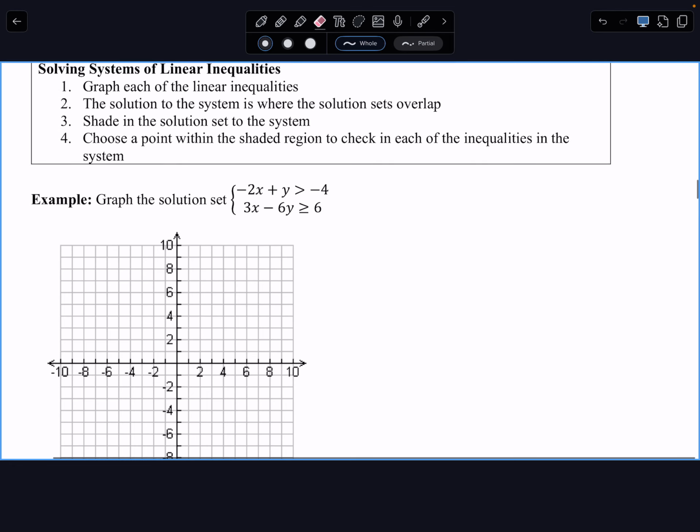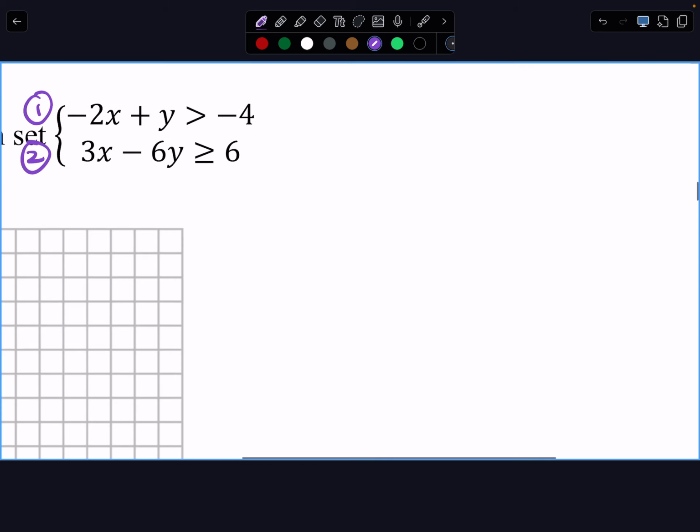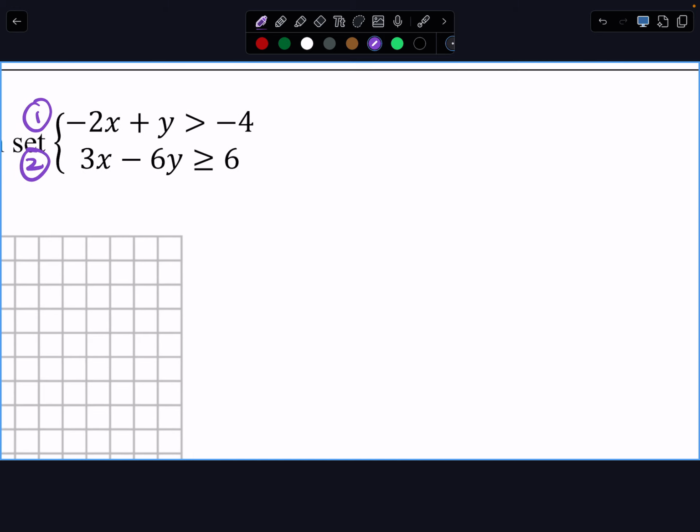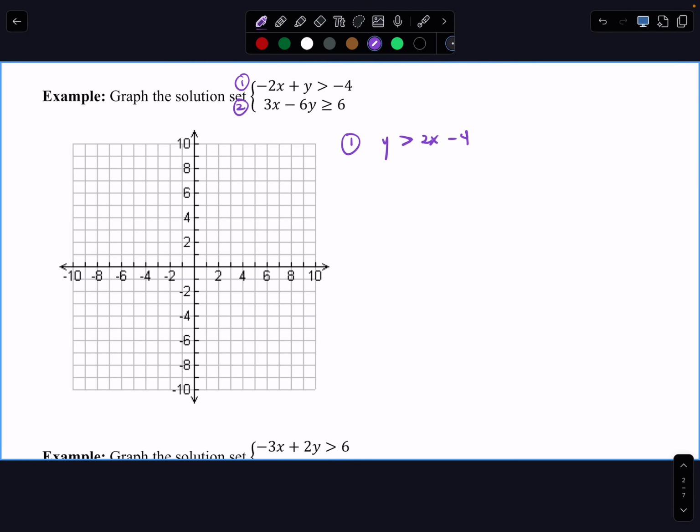So if we think of numbering each of these inequalities, if I take the first one and rewrite it so that the boundary line is in slope-intercept form, you can think about graphing that. So y-intercept of -4.